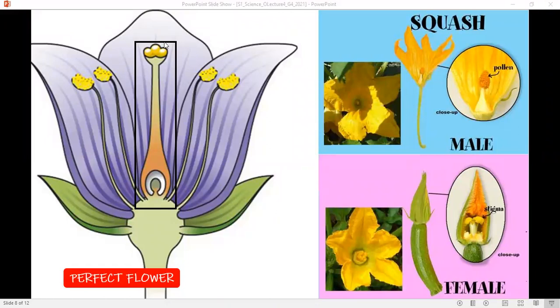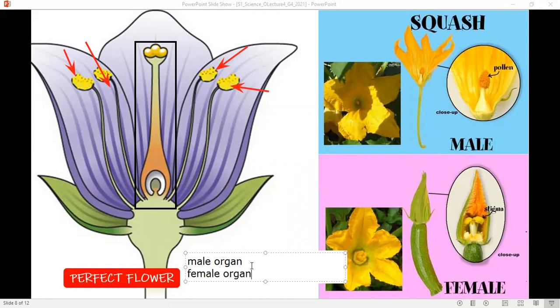So this is 1, 2, 3, 4. A perfect flower shows male organs and female organs. So male organs and female organs are present in this flower. They are both present.